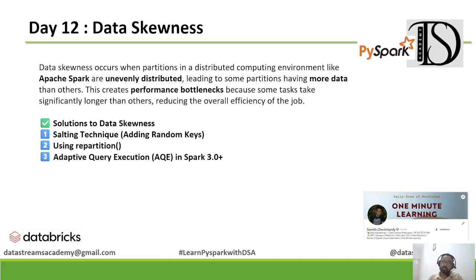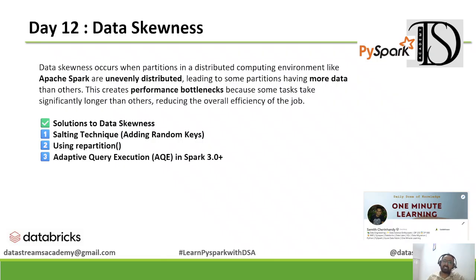So the solution should be splitting this data into multiple partitions, or reducing the shuffling, or using the resources efficiently. We can think that way, right? The major problem is that one of your partitions is overloaded, and the rest of them are not.